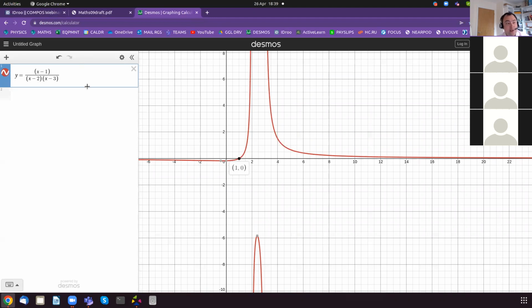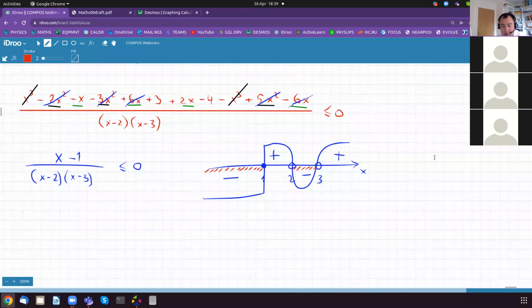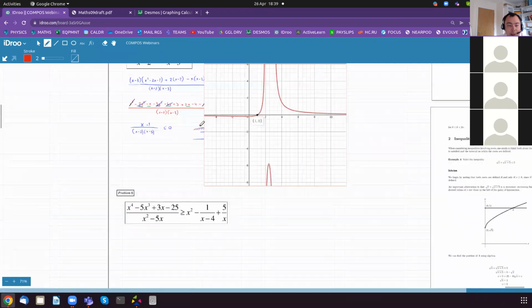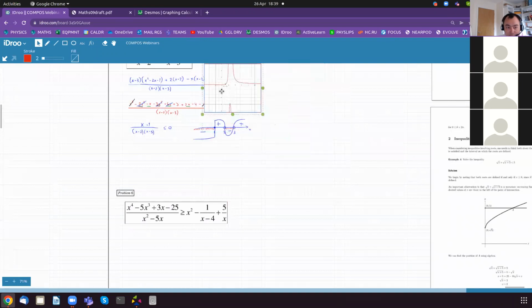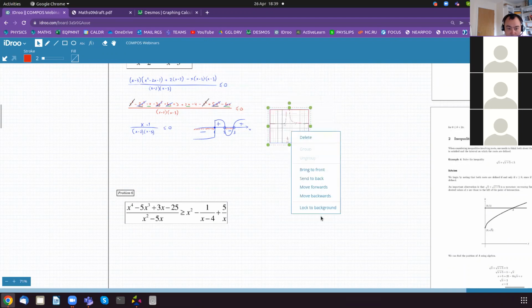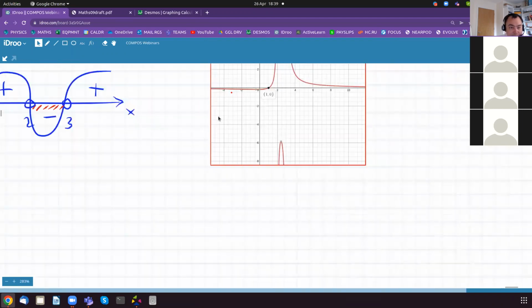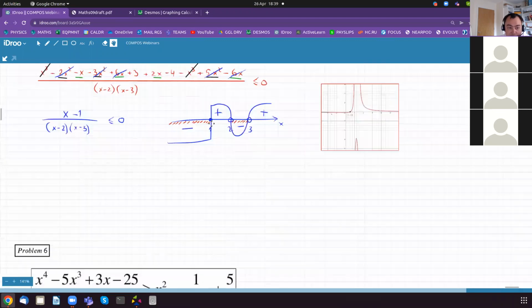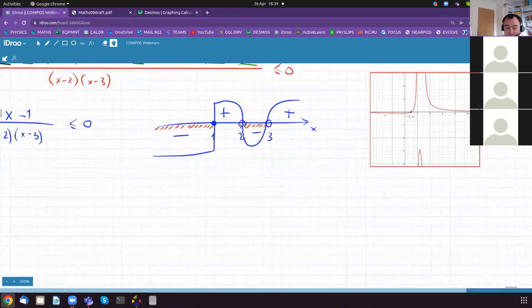I'll just make a screenshot of that. I hope that helps. What I'm drawing is a very simplified version of the actual graph. Where the graph intersects, I'm using solid points, and where it just changes sign, I use a circle.